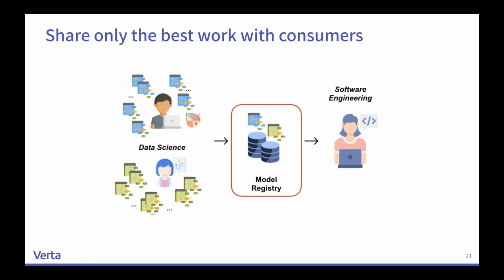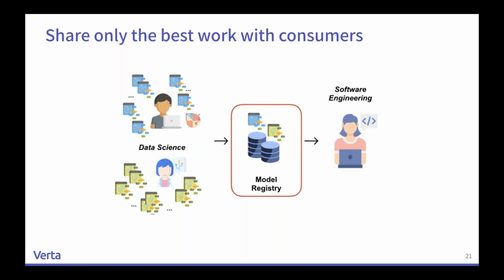They only care about what is your best model and how can I use it. So the mental model you should have for a model registry is this: data science does a bunch of experimentation, you pick the best models that you would like software to use, and then you publish them into the model registry for ease of consumption by other team members.